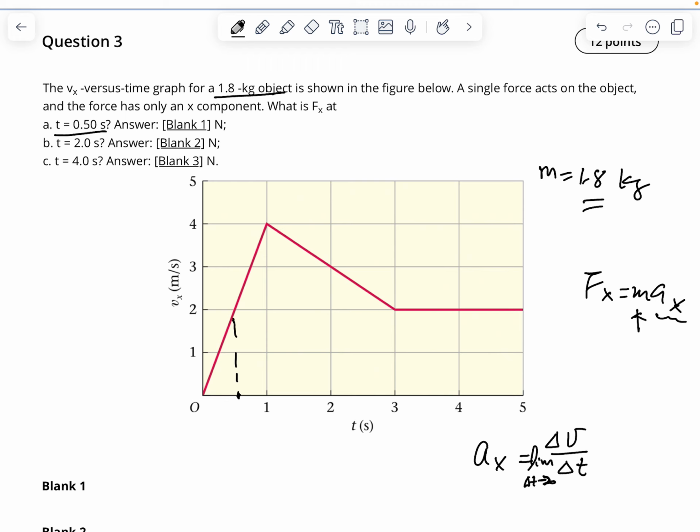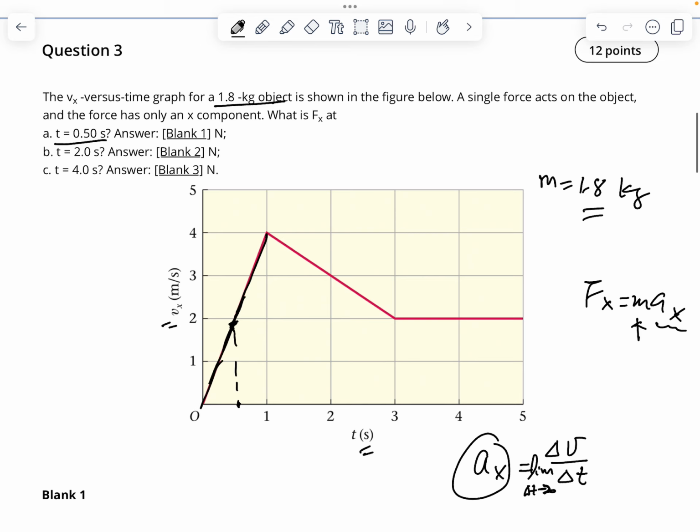So at this moment, this is the velocity. But what is acceleration? Well, if you have a velocity versus time graph, acceleration is the slope. Okay, so you see at this point, you have a tangent line on this curve. The slope of this tangent line is your acceleration.